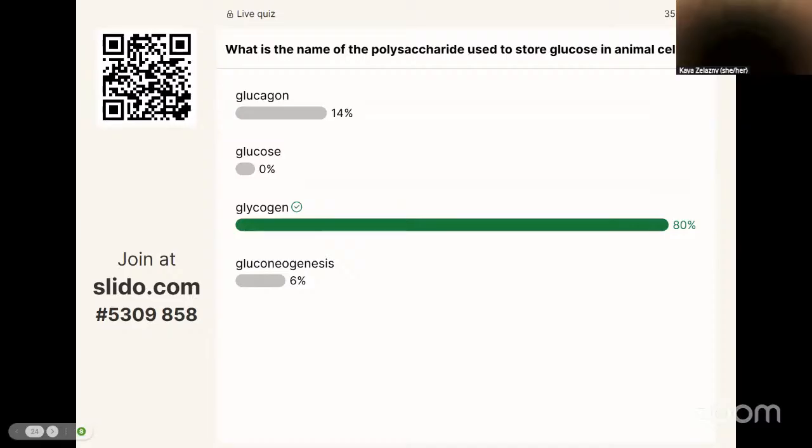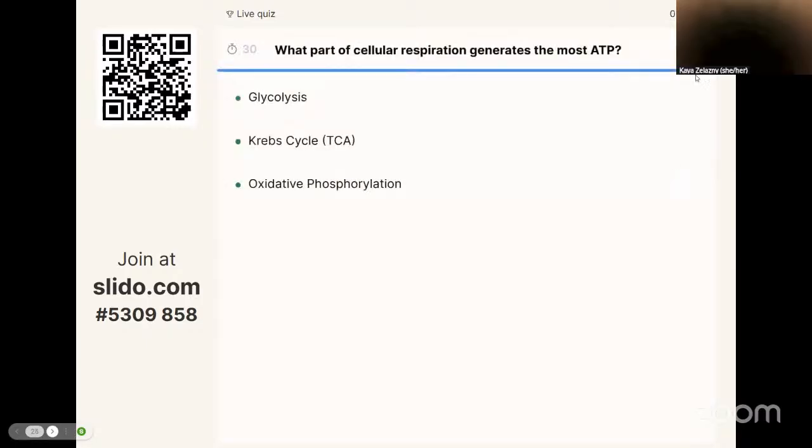Glucagon was one of our hormones for our endocrine stuff as we were thinking about absorptive, post-absorptive, our hormone of the post-absorptive state. But glycogen is our storage molecule for extra glucose. We make glycogen when we have excess nutrients, excess glucose coming in when we're eating, and then we can rip apart our glycogen later on. So thinking about our cellular respiration and our glucose oxidation, what was the step where we're making lots of ATP?